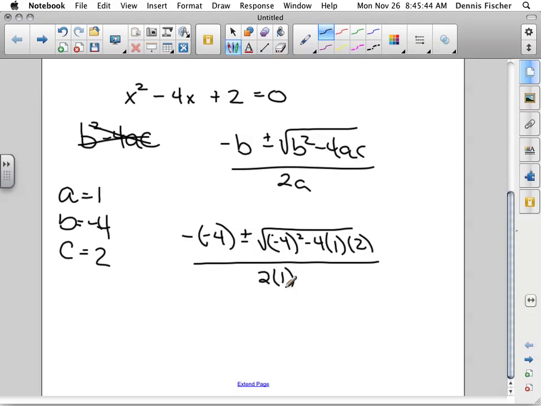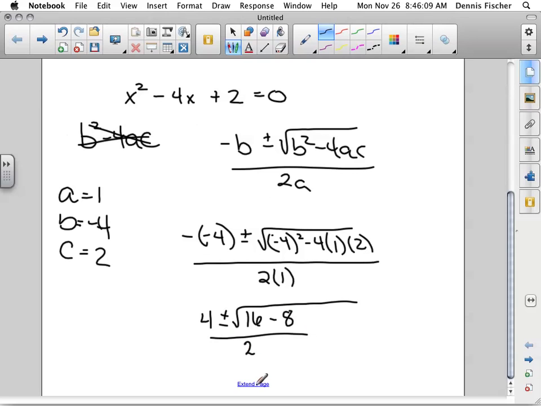I just put them all in parentheses. So two negatives make a positive. So I get 4 plus or minus the square root of negative 4 squared, 16, okay? So we got 16 minus 4 times 1 times 2, 8, over 2.